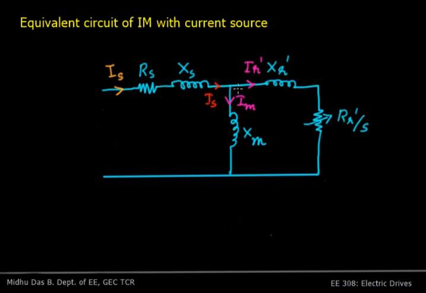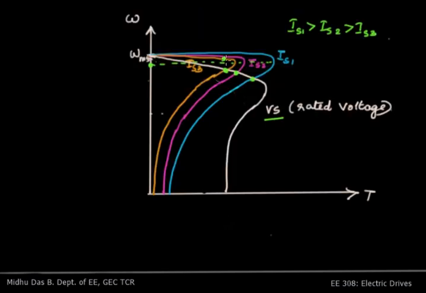Therefore, from a constant current source, this IR dash will decrease at low values of slip, or the current through the magnetizing branch will be very large, or the machine will go to saturation in this region of operation. So in order to avoid the machine from going to saturation, we are operating the machine at this point where the air gap flux is rated, but at the same time it's an unstable point.